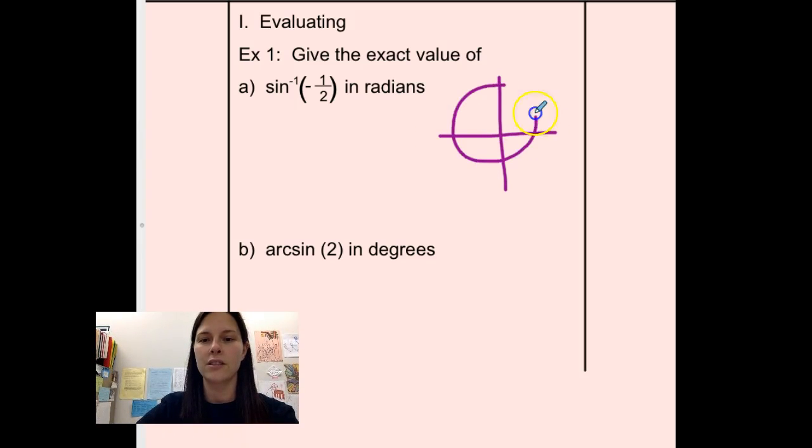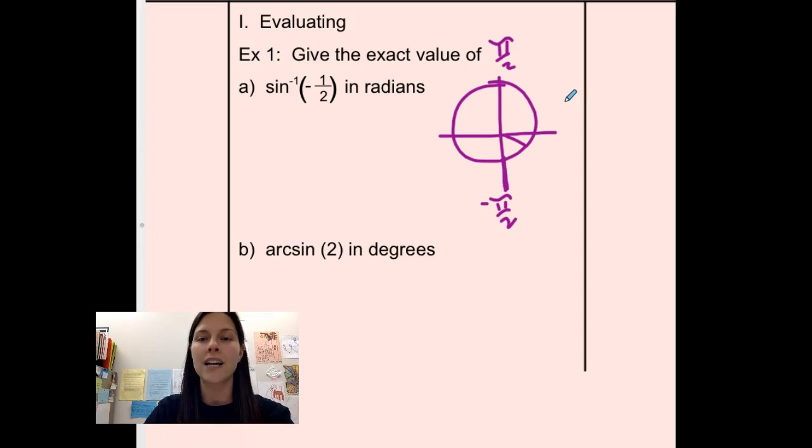Setting up our unit circle, the range for the sine inverse function is from -π/2 to +π/2. Those are the only values that our sine inverse function will give us. Sine is negative in the fourth quadrant, but I still use reference angles because I don't have the whole unit circle memorized. I just memorize the first quadrant.